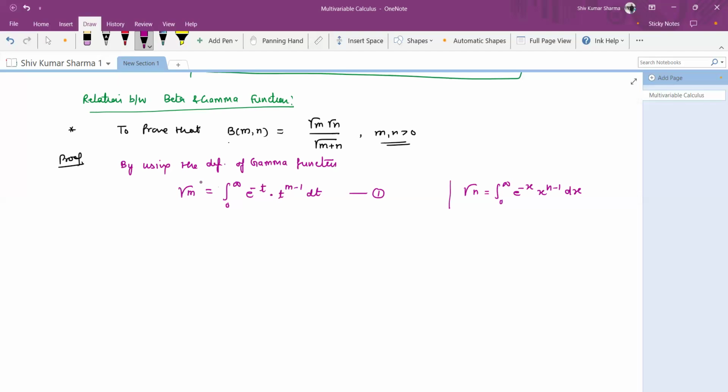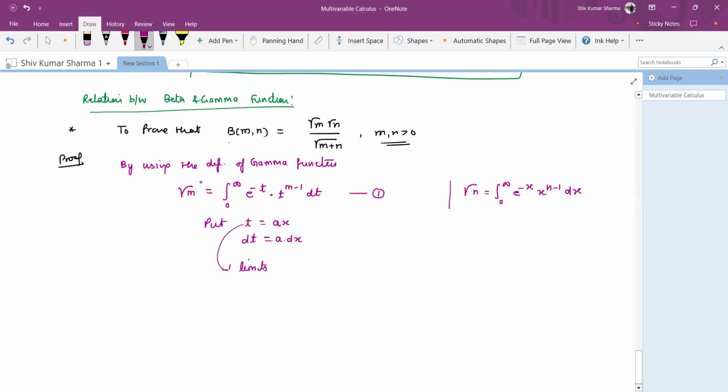Now, for proving this result, we put t is equal to ax. Differentiating, dt gives us a into dx. Now we talk about the limits.